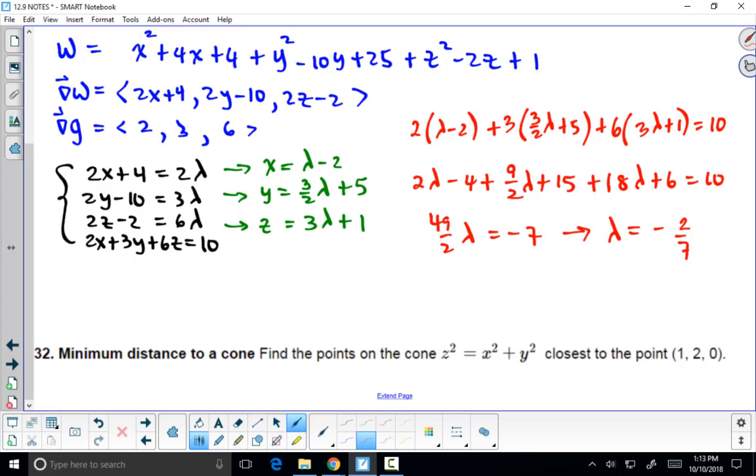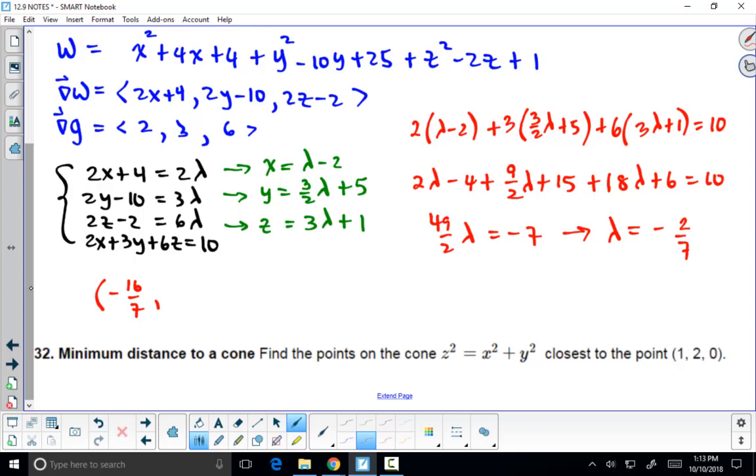And then we just back substitute to figure out x, y, z. So there's only one solution. The only solution there is, plug in negative 2/7 right here. We have negative 2/7 minus 14/7. So negative 2/7 minus 14/7 is what, negative 16/7? Negative 16/7. Plug it in here. The 2's cancel, so we get negative 3/7.